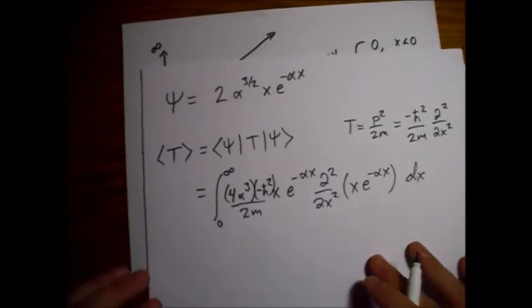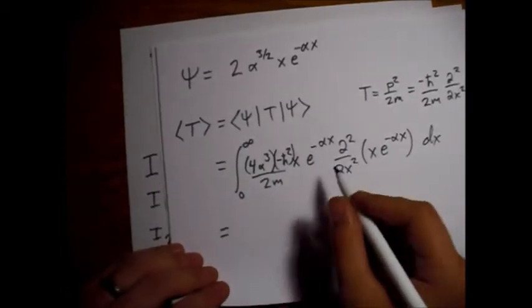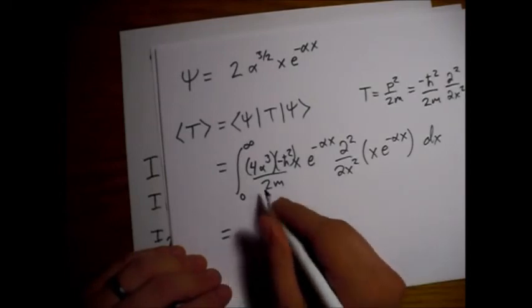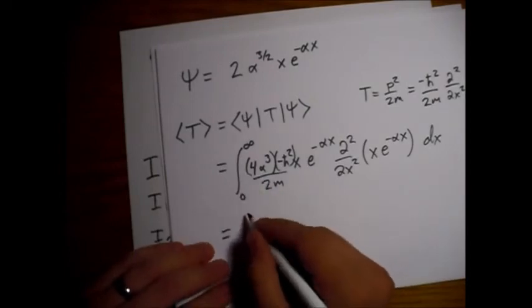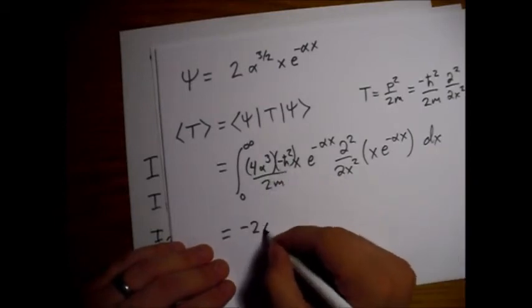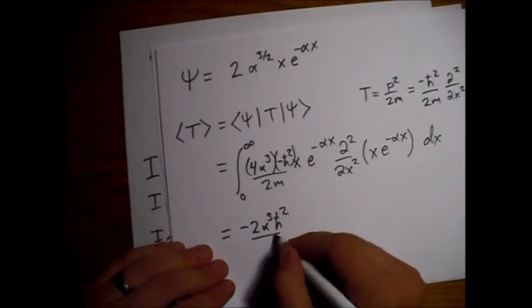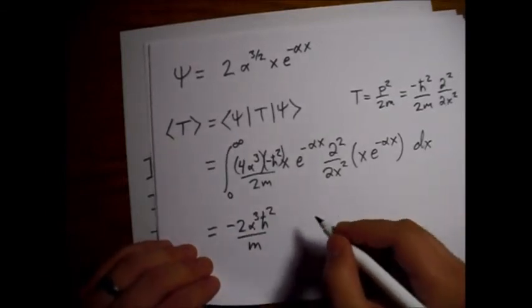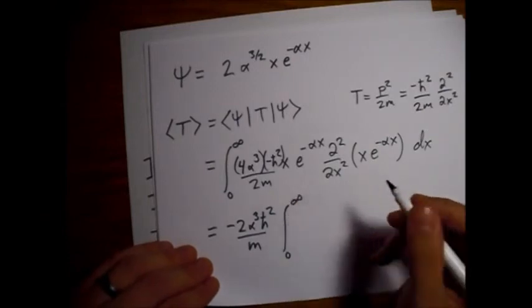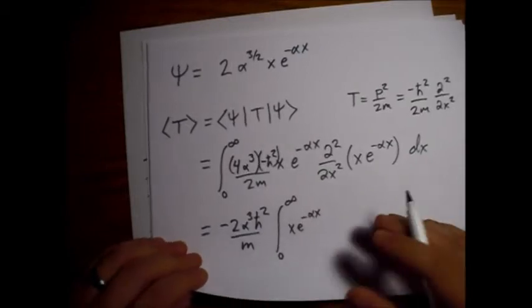All right, so this is our expectation value for the kinetic energy. So let's finally bring out the constants for real. This 2 and this 4 are going to kill each other, and we have this minus sign here. So we have an alpha cubed, an h bar squared, and an m. And then here we get our integration, x e to the minus alpha x.